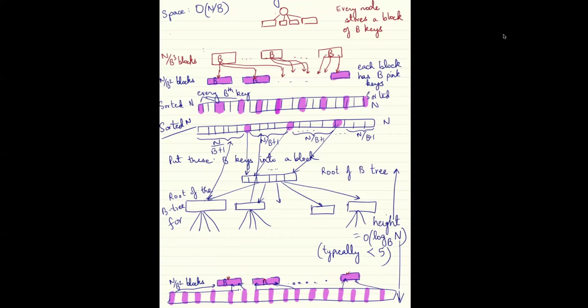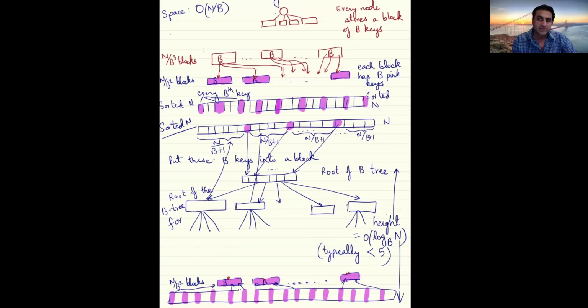Right. In the worst case, you can do it in n over B log base B of n time. I mean, you can build every level at least in linear time, like one scan and you can build every level. But you can actually do all of the B tree in linear time.